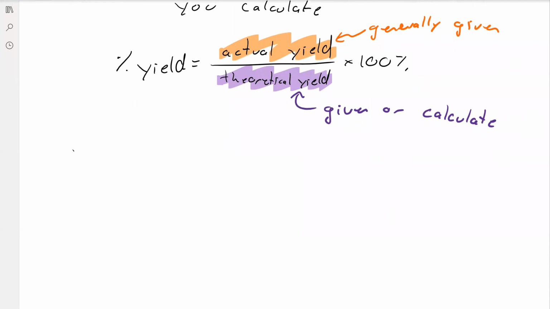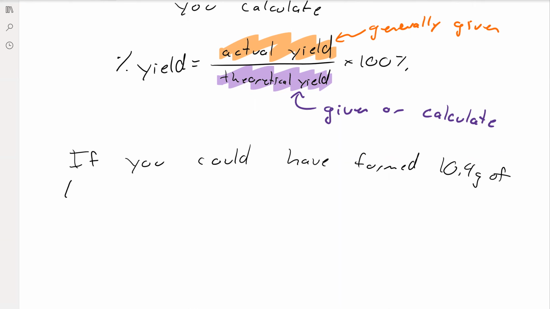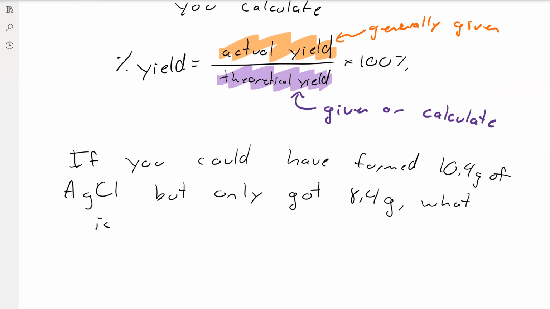So just as a short example problem, if you could have formed 10.4 grams of aluminum chloride, or my bad, silver chloride, but only got 8.4 grams, what is the percent yield?